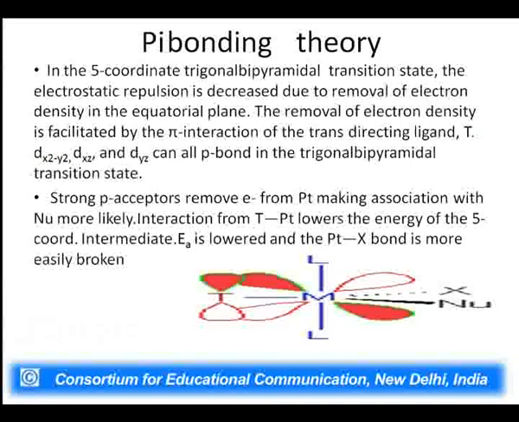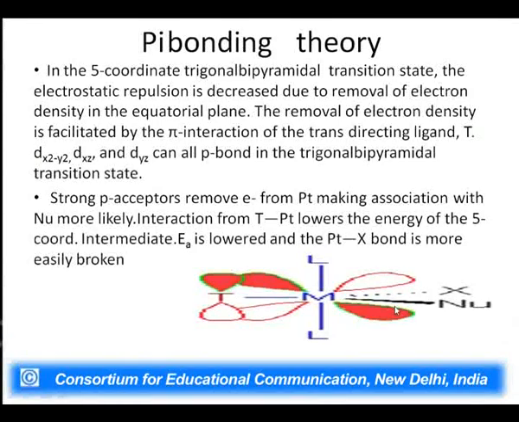This is the ligand, these two are ligands, and this one is the ligand. This is X, these are the lobes of this metal ion, this is the trans directing ligand, these are the lobes of the metal, and this is the X group that is trans to this.